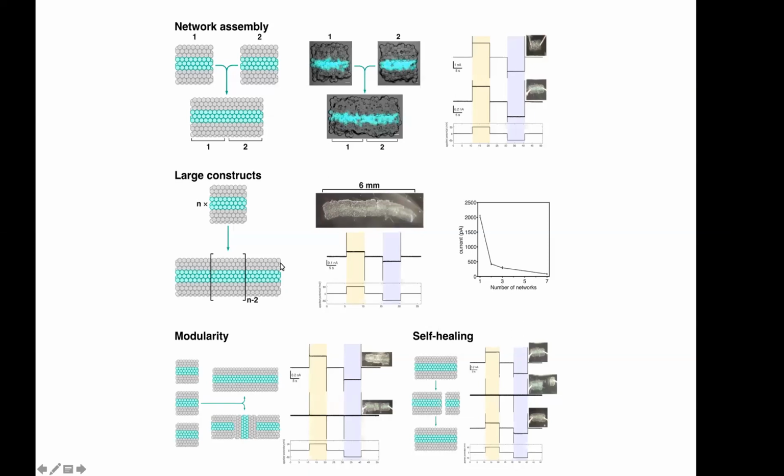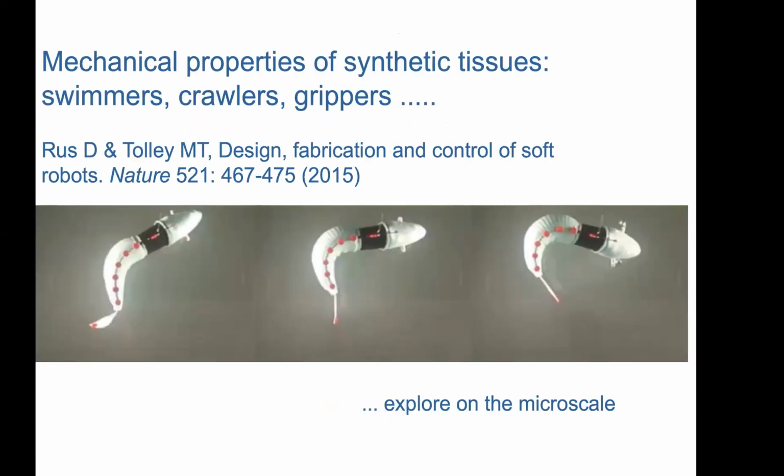If you make a chain of these, you can make long structures from them where the interfaces are all annealed, so there are actual droplets at the interface rather than broken droplets. Of course, these can serve as modules to make different shapes. And also, interestingly, if you take one of these structures and cut it and bring it back together, it will self-heal, so it will re-anneal at the interface. And this will allow us to make centimeter scale structures.